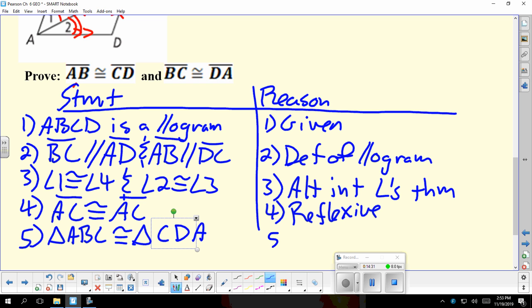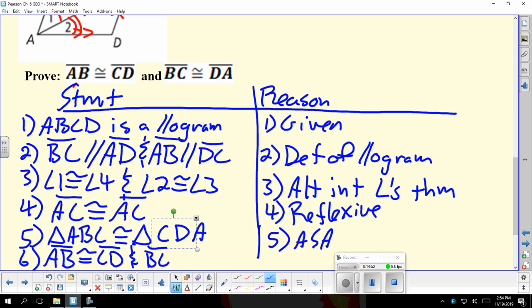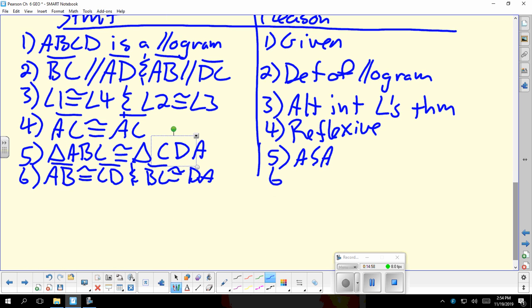My angle, side, angle. And if the two triangles are congruent, AB is congruent to CD, and BC is congruent to DA because corresponding parts of congruent triangles are congruent.